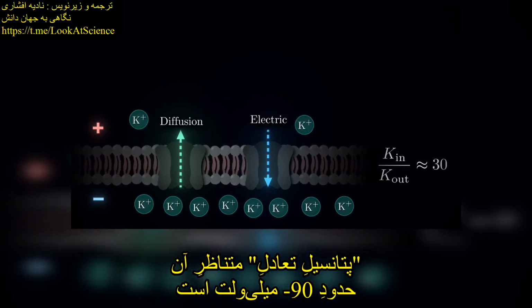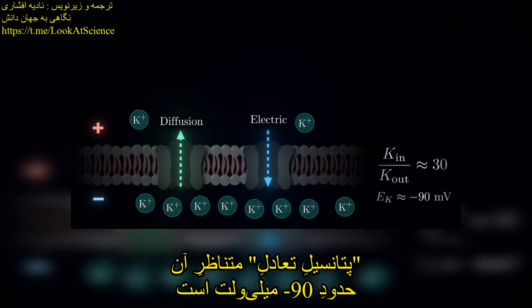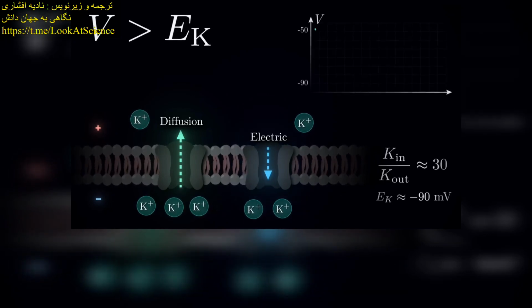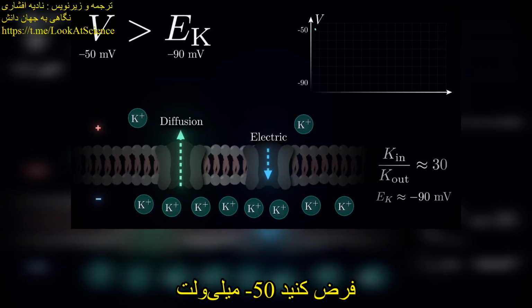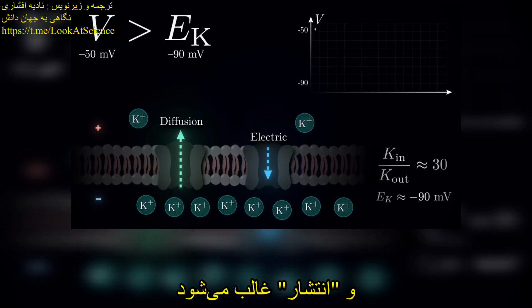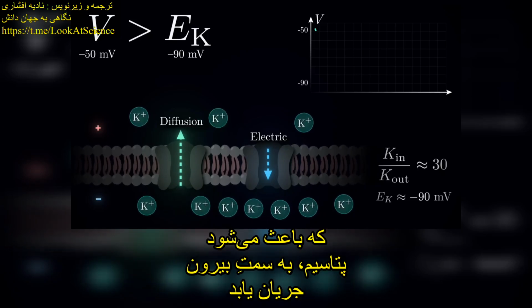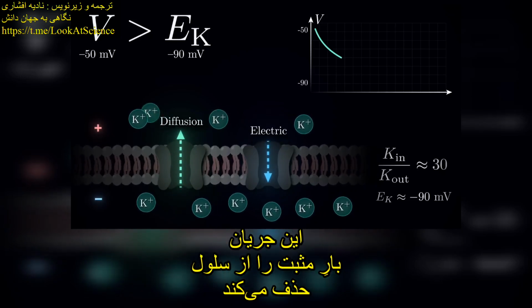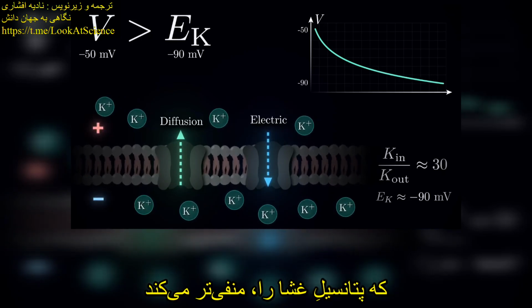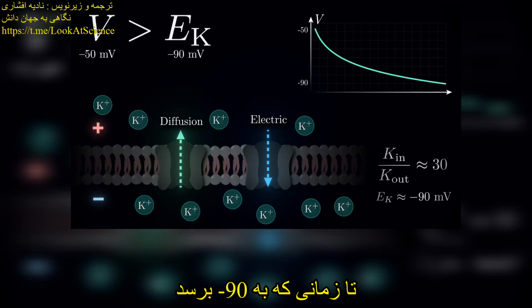The corresponding equilibrium potential is about minus 90 millivolts. If the membrane potential is less negative, let's say minus 50 millivolts, the electrical force is too weak and the diffusion dominates, causing potassium to flow outwards. This removes positive charge from the cell, making the membrane potential more negative until it reaches minus 90.